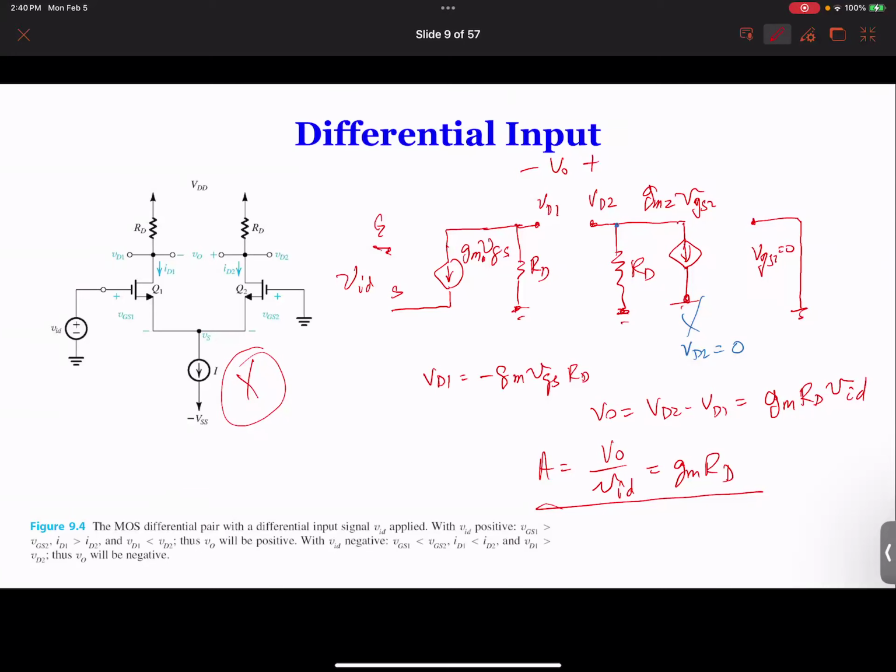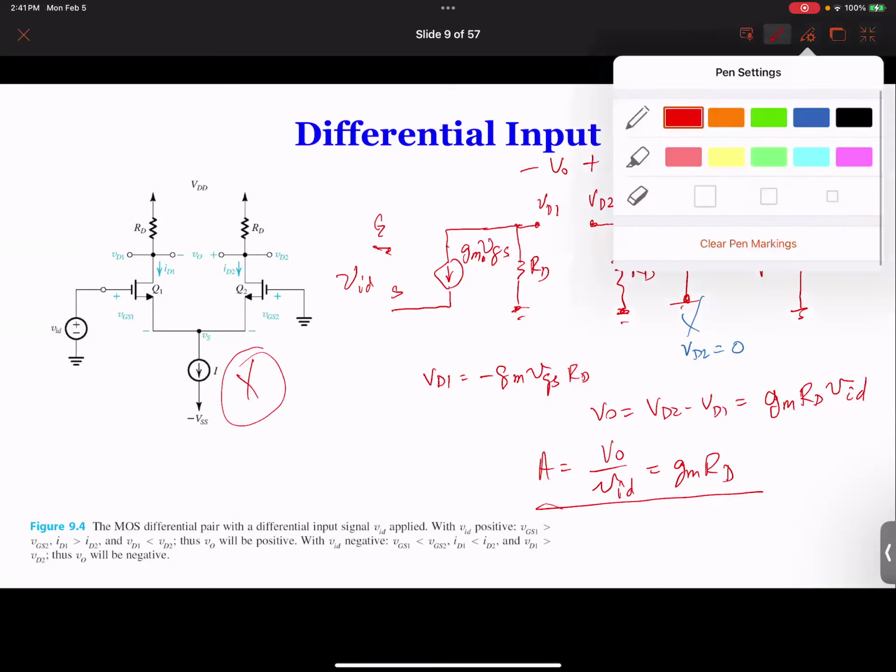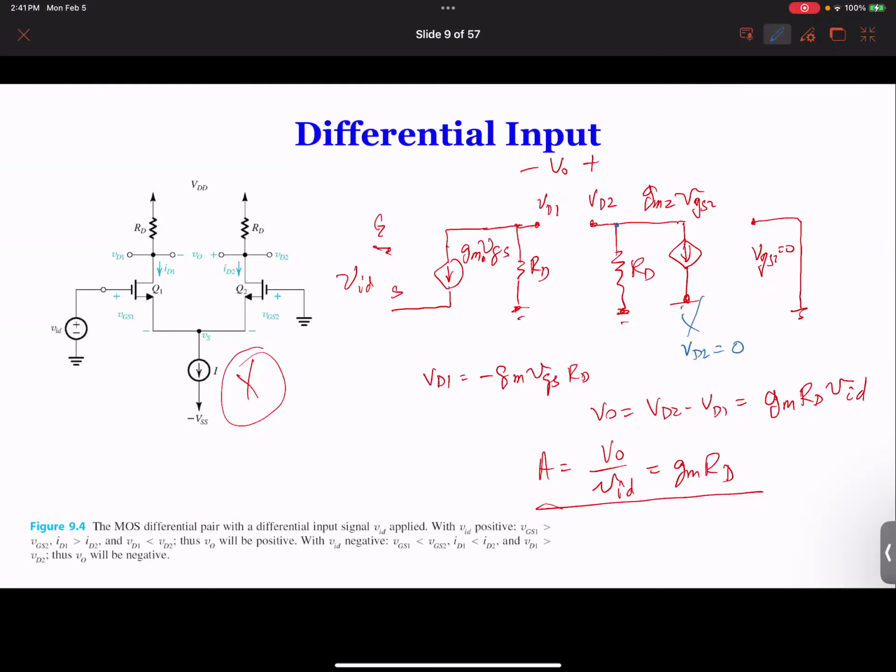And the reason is very simple. Yes, the source is not grounded. But if you look at the sources of the two transistors, what happened? You can easily find the two sources are connected to each other. So if I use a blue line, I will be able to connect the source over here to the source over here.